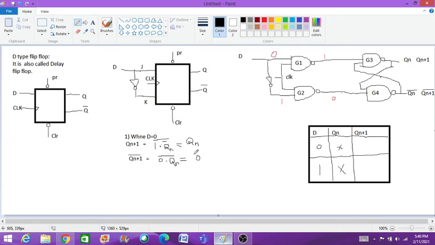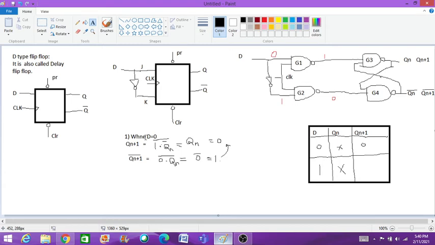So 0 multiplied by anything is 0, 0 bar is 1. When this port is 1, then Qn plus 1 is 0. So here we write Qn plus 1 is 0.